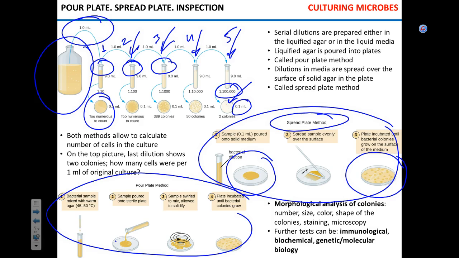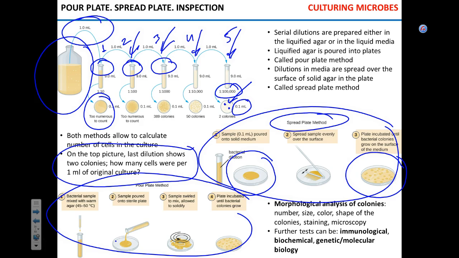So my question to you: how many cells were in 1 milliliter of the original culture? Can we calculate it now? Yeah, we can. Let's do it together. These 2 colonies represent 2 bacterial cells. In which volume?